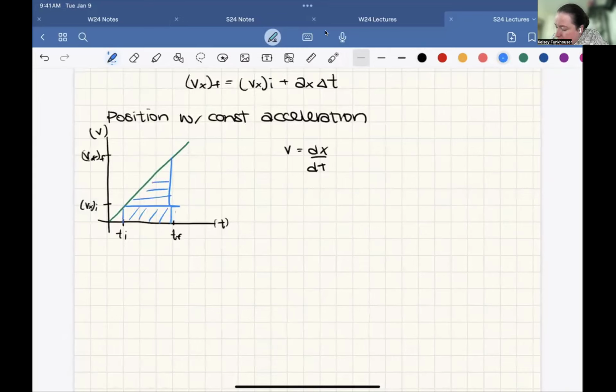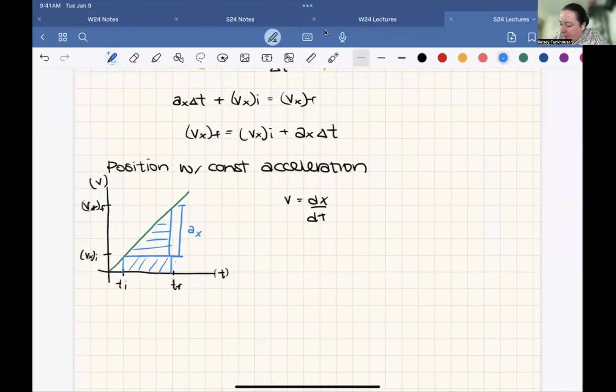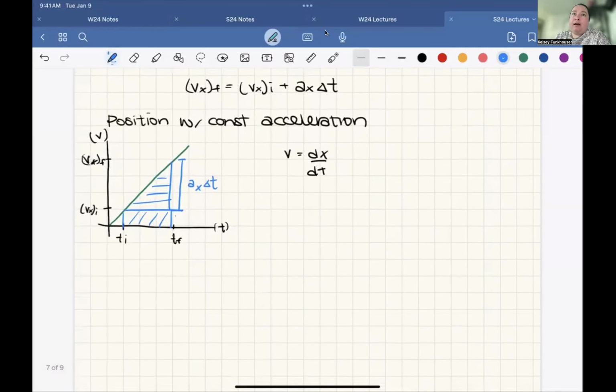So these are our two areas, and the height of the triangle is the change in velocity here, because it's the final and the initial. And we just saw that that's actually ax times the time interval. And then this here is just the initial velocity, and this is the time interval.